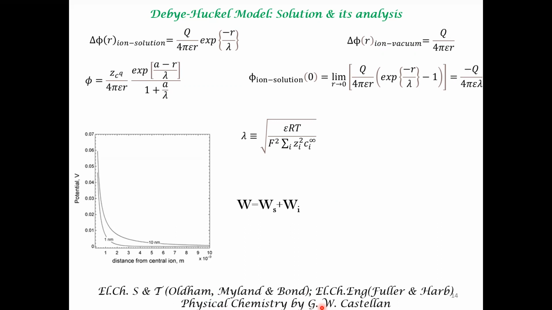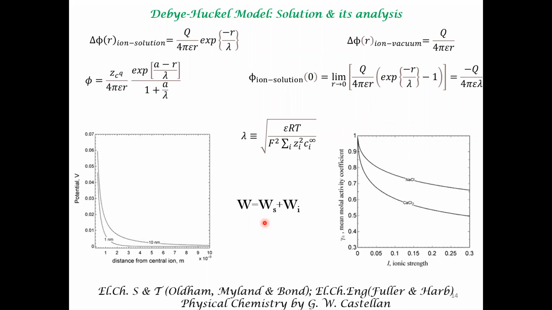I would encourage you to go and buy it and read how you get this term so that you can complete all that is relevant to Debye-Huckel theory. Once you get the work term, you can connect it to free energy change. Once you have the free energy term, you can connect it to the activity coefficient. When you get that, you can compare what you get from your model to what is measured from experiments. With that, you can get a closure on Debye-Huckel theory.